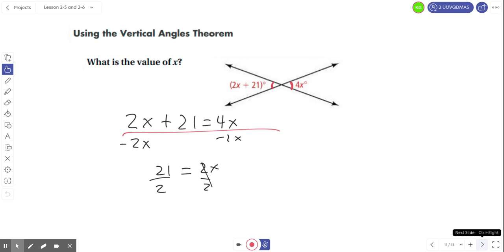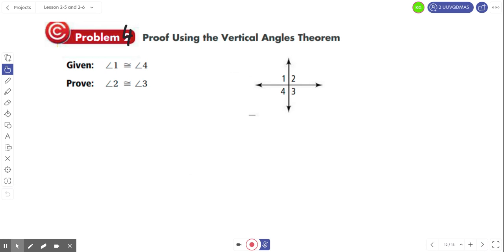So how do we use the vertical angle theorem in proofs? Let's take a look at an example. So here we are given, well, you know what? I'm gonna get my free point. So we have our statements. I'm writing in red. We have our statements. I'm going to use a 2-column proof here.